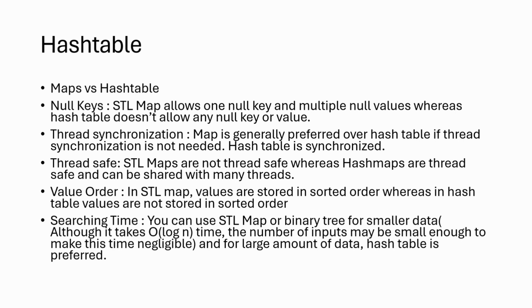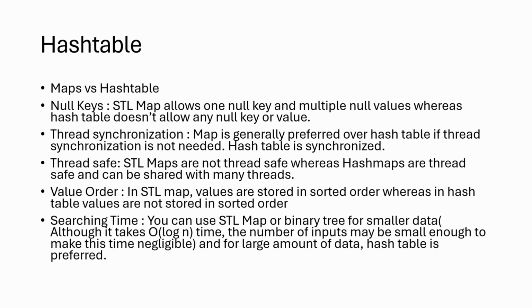But hash table, no null keys or values whatsoever. One use case might be if you're looking for a data structure to store user inputs or user interaction. You could use a hash table because you don't have to deal with null. If you don't want to deal with it, use hash table.